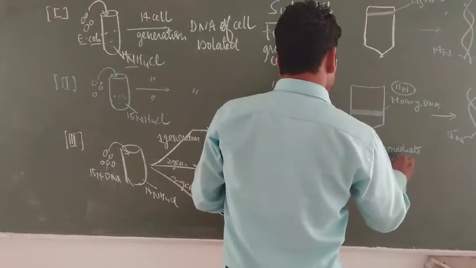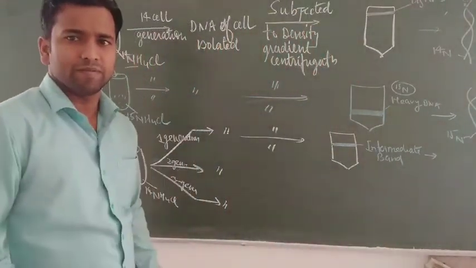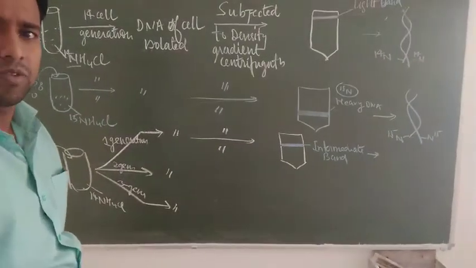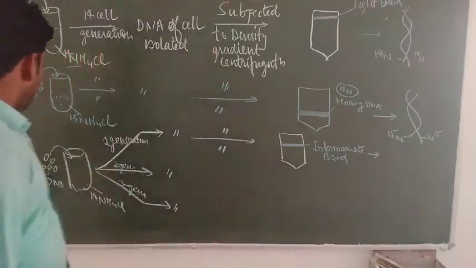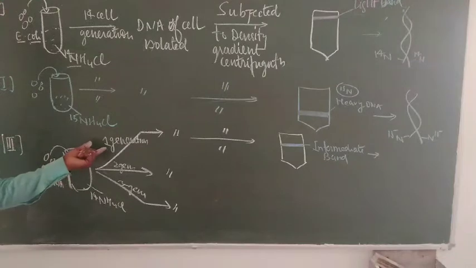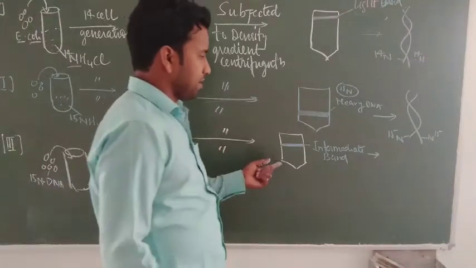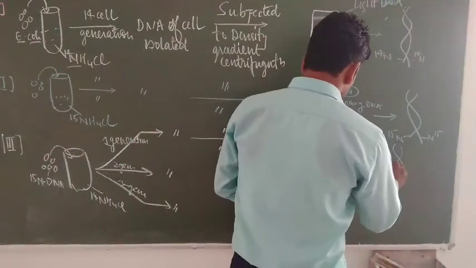And after DNA analysis, it is observed that E. coli cultured containing N15, and after one generation of culture in N14, the DNA forms an intermediate band having both N15 as well as N14.